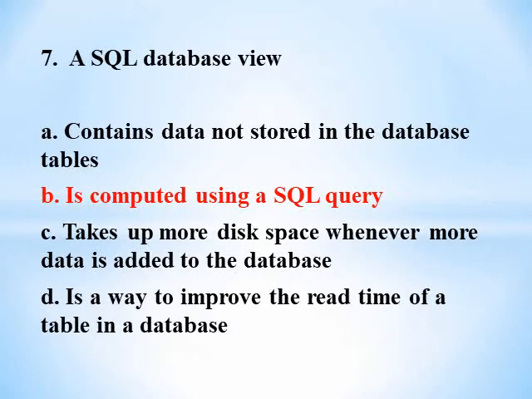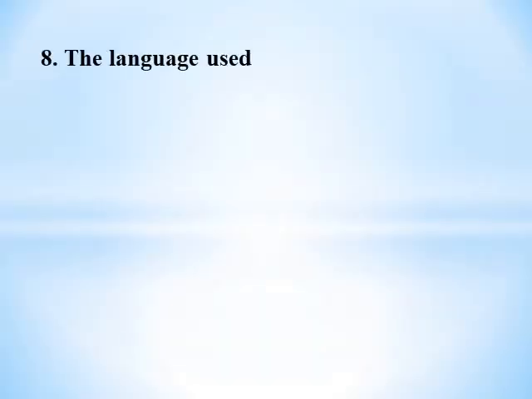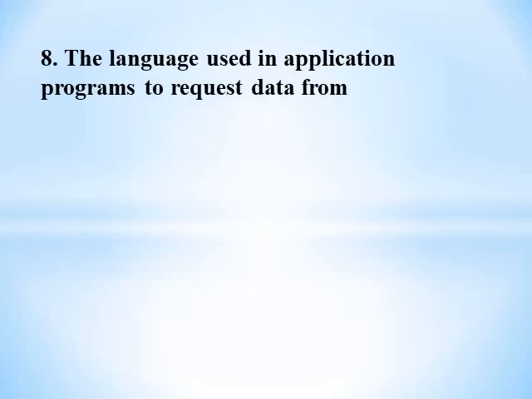So the right option is computed using a SQL query. It means it limits the view of a table; we don't want to view the entire table, we just want a part of it. That's why we write a query for the view. So that is why it is saying that a SQL database view is computed using a SQL query. Come to the next question.